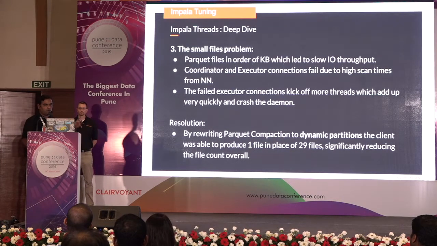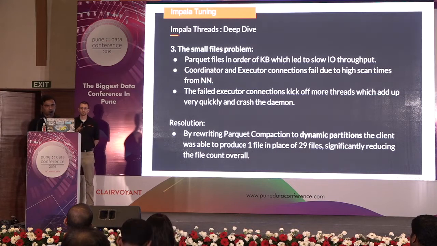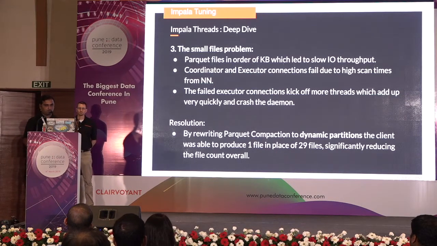Too many small files trying to write increased the I/O contention and the number of threads. So we had to reduce that, and once we changed to dynamic partitions, we were able to reduce those thread counts, at least at the disk level. There were multiple things we did after this.